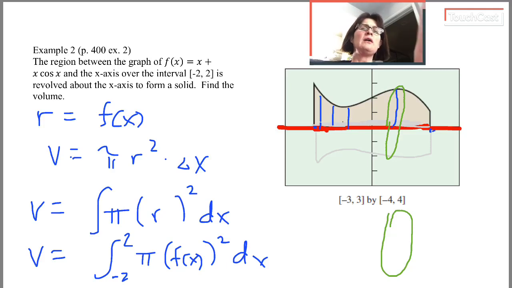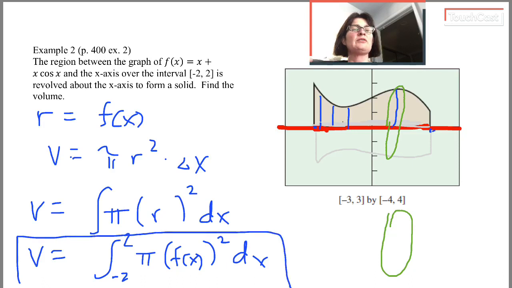This integral, notice it's going to have this quantity x cosine x added to x. That's all going to get squared. It's not an integral we're going to be able to find by hand. So they would not expect you to integrate this one by hand. You might get to use a calculator, or they might just say write, but do not evaluate an integral. So it's your integral for the volume of that solid, which looks like a flower vase.